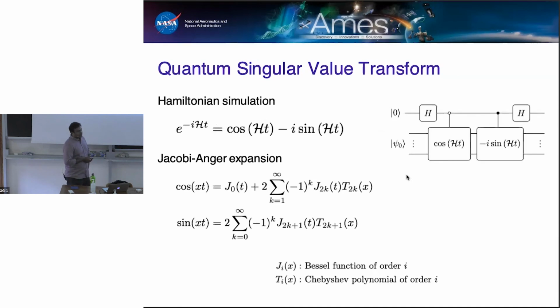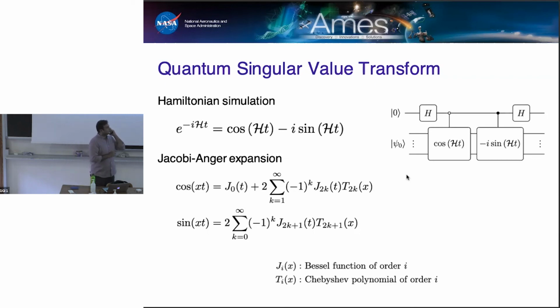Now, the way to apply this to Hamiltonian simulation is to first split up the exponential e to the minus iHt as a cosine and a sine. Then use the so-called Jacobi-Anger expansion, which is in terms of Bessel functions and Chebyshev polynomials. The nice thing about this expansion is that it has definite degrees and parities, which is something you needed to satisfy the conditions of the QSVT, or rather the quantum eigenvalue transform.